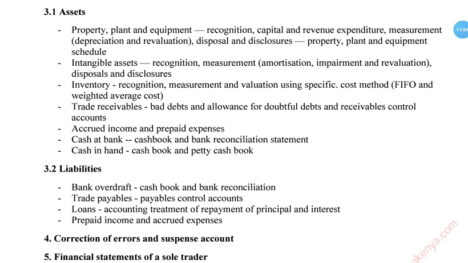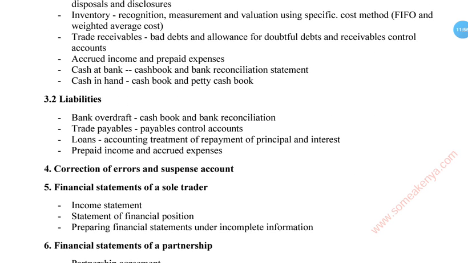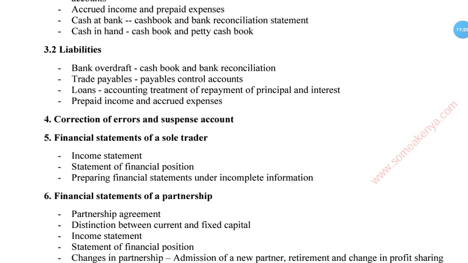Then we shall have accounting for liabilities. Liability, remember, in the statement of financial position, is on the other side, the credit side. Remember, we classify liability into two: the long-term liabilities, or what we call non-current liabilities, and the current liabilities.